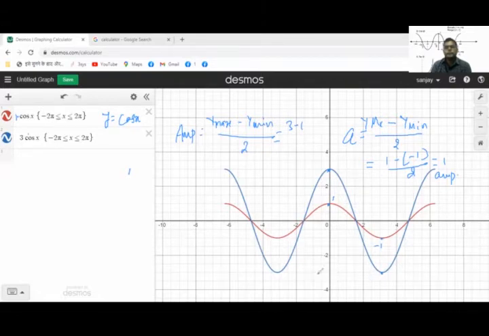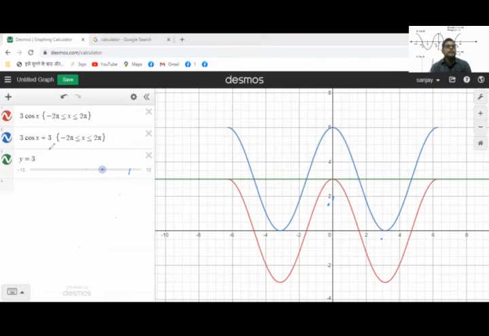So 3 plus 3 is 6, divided by 2 is 3. So by using this formula, you can also find the amplitude. But why do we use this formula? Actually, it will be needed when you find the equation of the periodic function from the given graph.